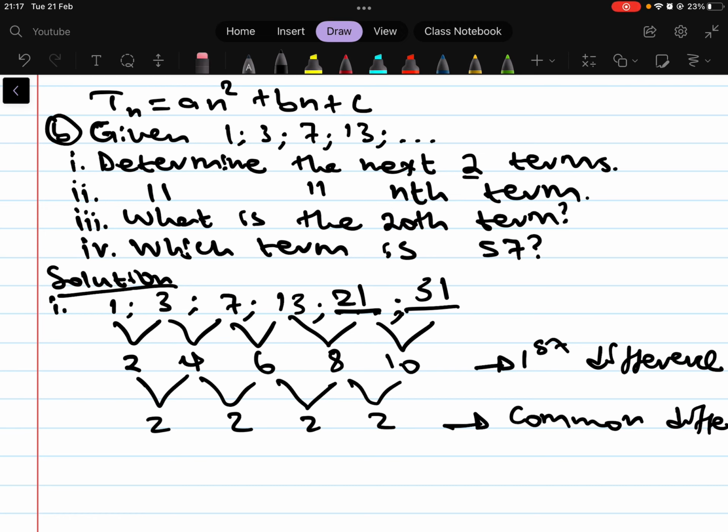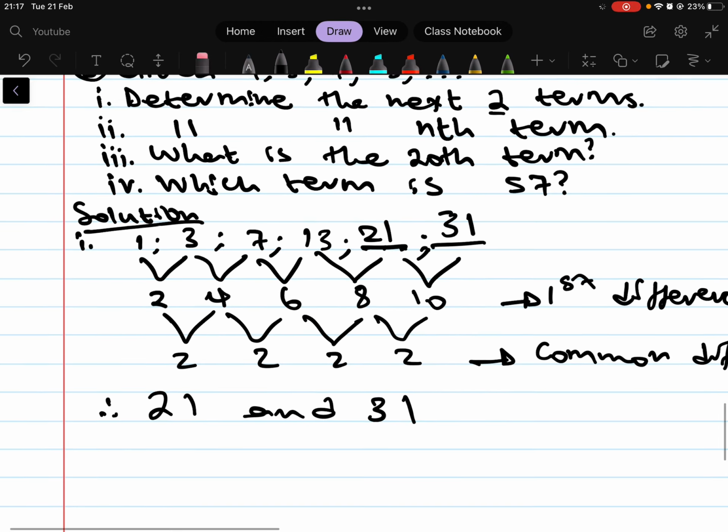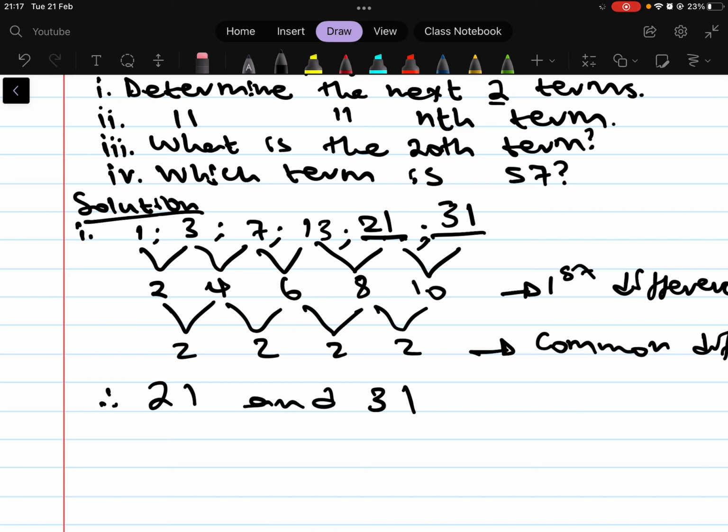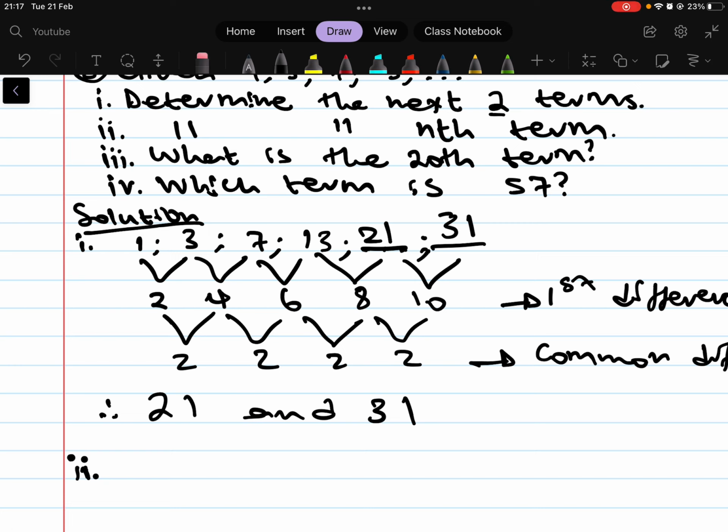Then now you have 31. So therefore your solution to this question is 21 and 31. Those are your next two terms that they were asking you to get. Simple as that. We move on to the next part. If anything you don't understand, you ask, and then we see if we can help you. Other than that, we refer you to those who can.